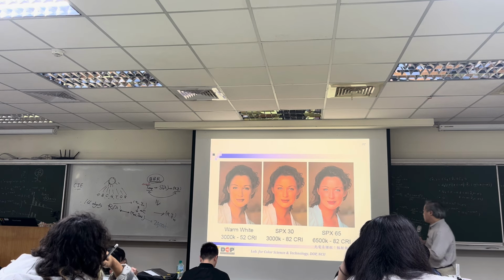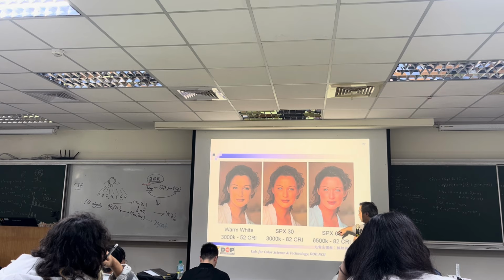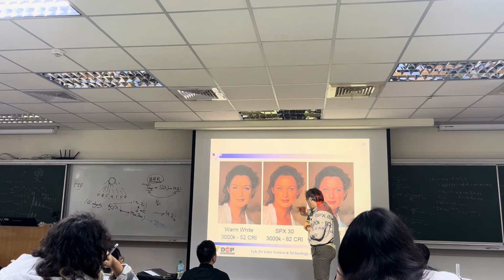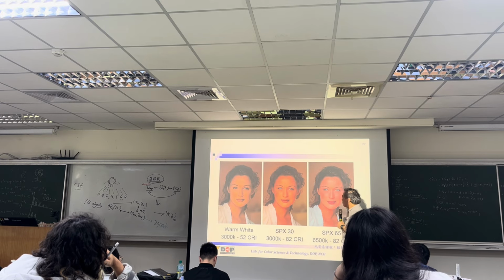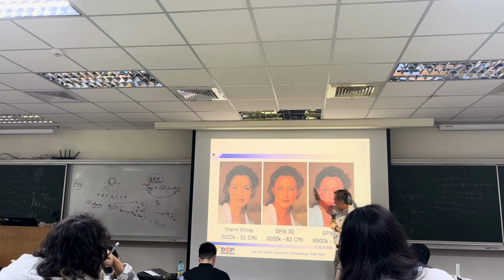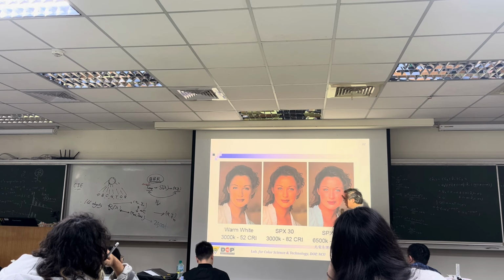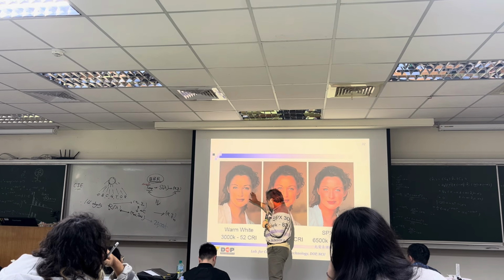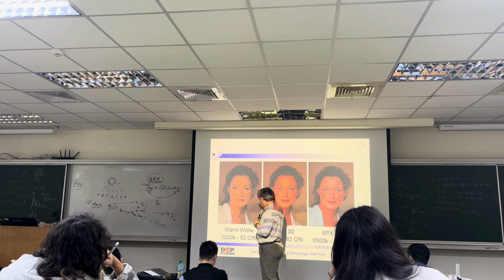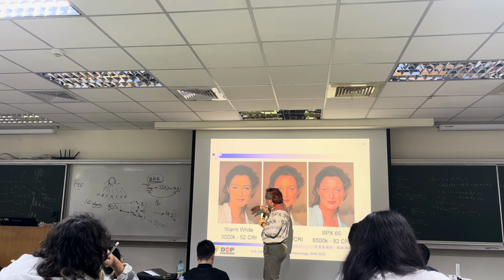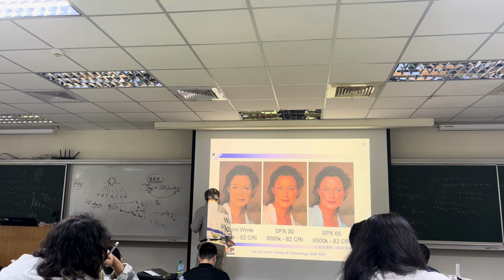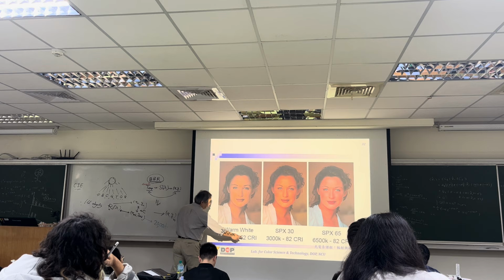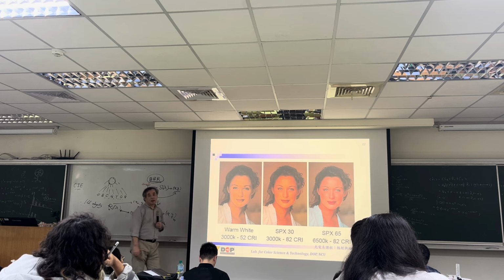Okay? So this is higher CRI and higher CCT. This is higher CCT, CRI and low CCT. Okay? Someone prefer this one, someone prefer this one. And this one is for comparison because the same face, same skin, but this is for warm white, low CCT and low CRI.